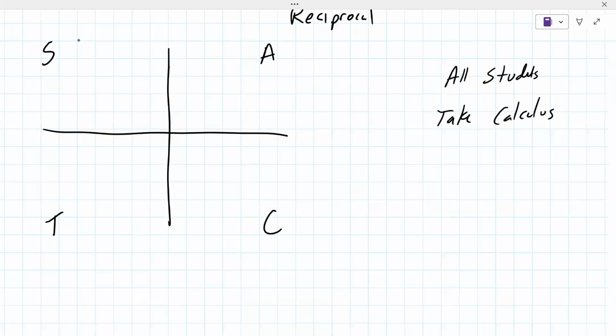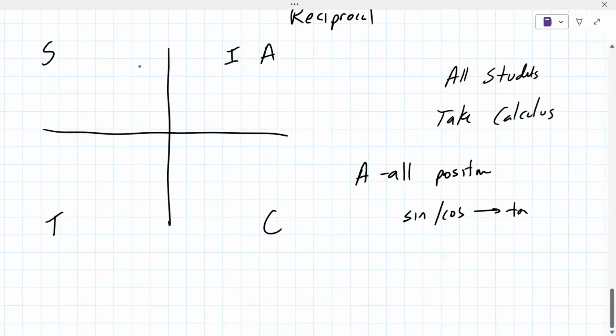So A means in quadrant one, they are all positive. And all refers to sine and cosine, which leads to tangent being positive because tangent is the ratio of sine and cosine. Cosecant is positive because cosecant is the reciprocal of sine.